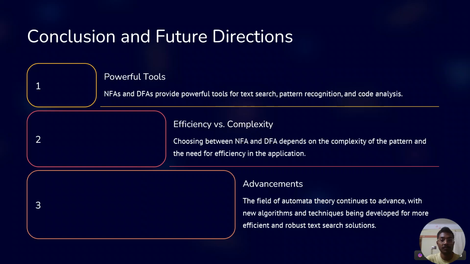We need to choose between NFA and DFA depending on the complexity of the pattern and the need for efficiency in the application. Then we also have advancement. The field of automata theory continues to advance, with new algorithms and techniques being developed for more efficient and robust text search solutions.